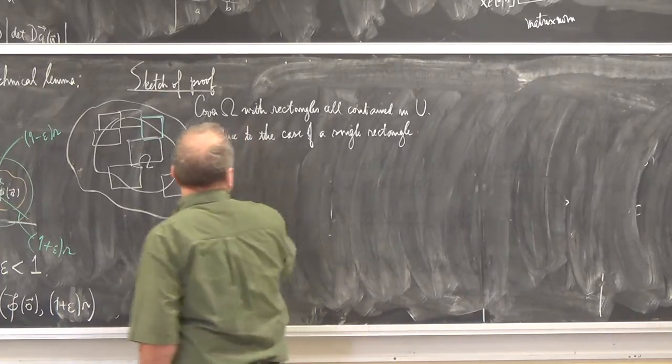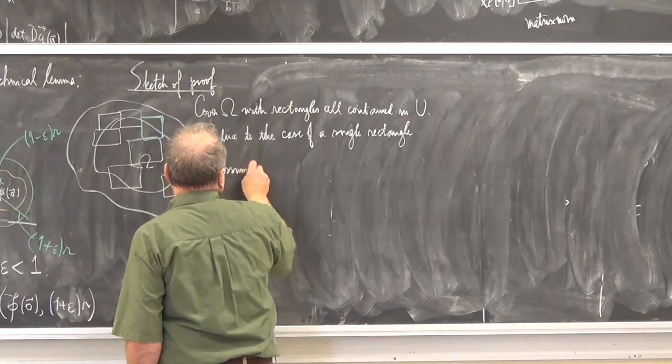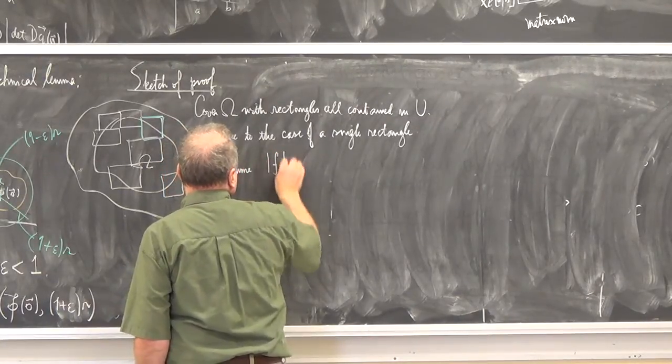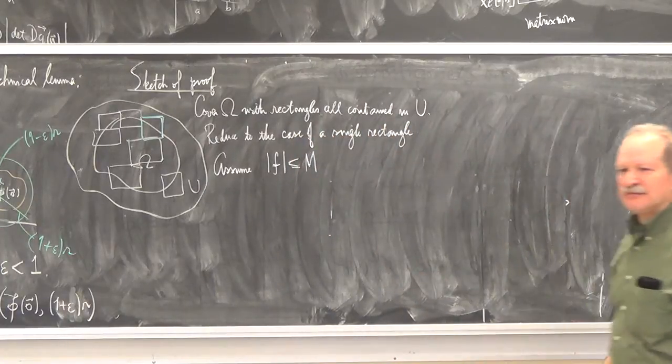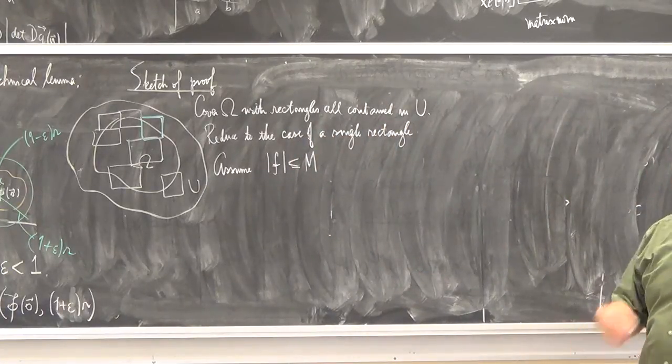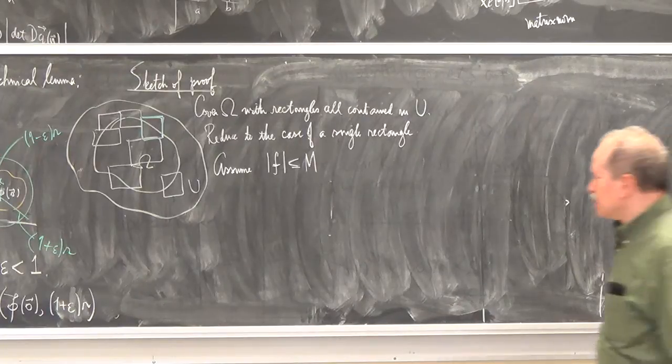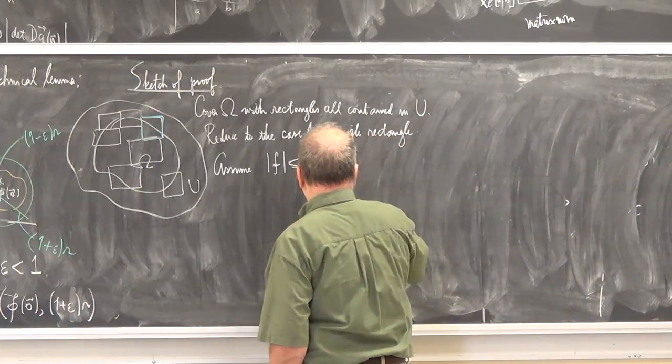All right, so now assume f is bounded. Well, that's no assumption, because when we talk about integrable, there are always bounded functions. Now here's going to be a weird assumption.